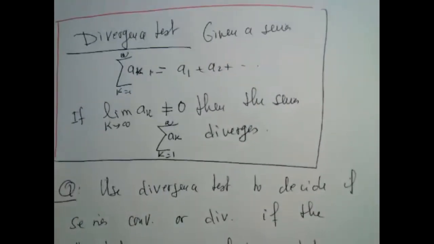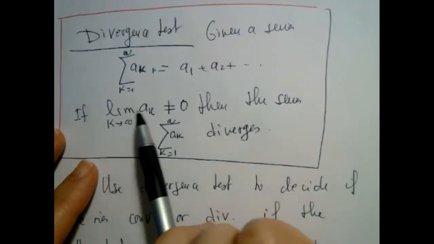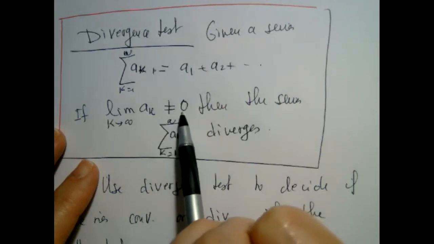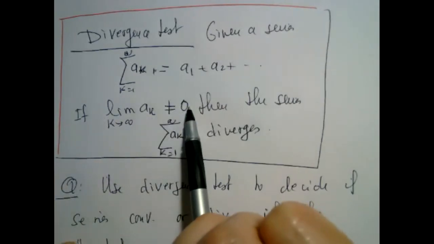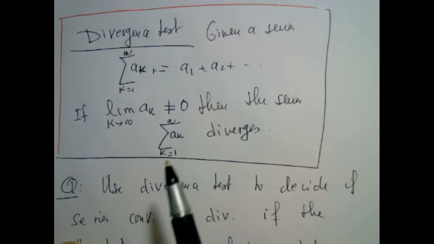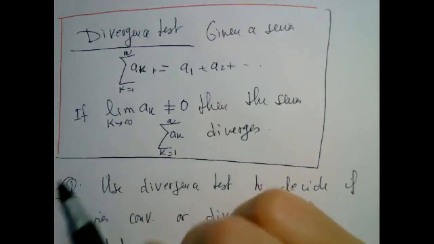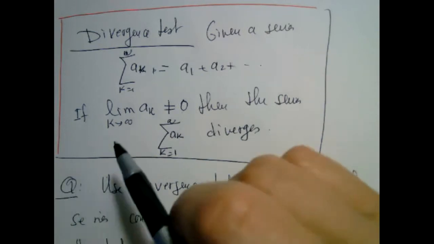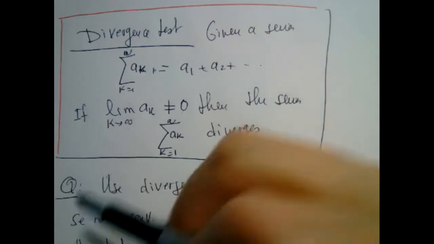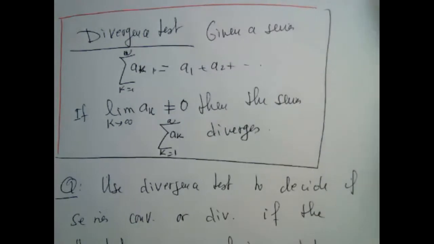Now let me go back to it. What does it tell me? If the limit of the terms is not 0, the series will automatically diverge. Because if the limit is not small, we'll be adding not a small number. So if the limit is 1, we will be adding eventually 1 to each other. If the limit is 1/2, we're eventually adding 1/2 to 1/2 to 1/2.